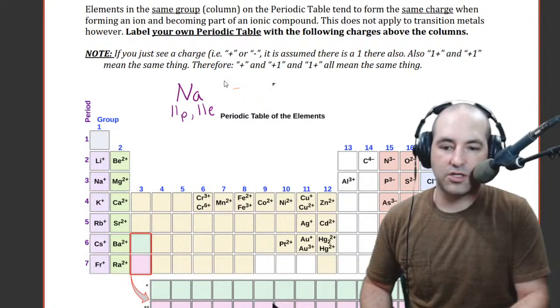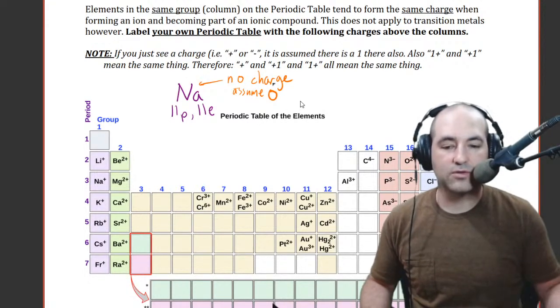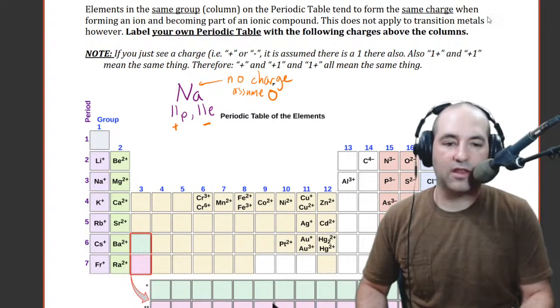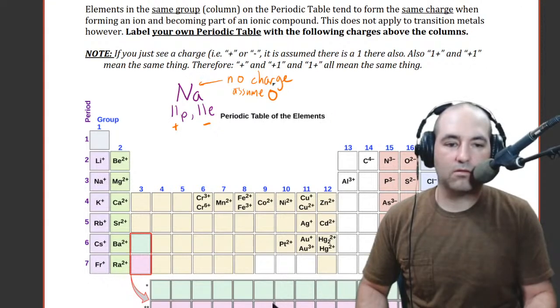And if there's no charge here, we can assume that number is 0. That's really what no charge means. And so the positive protons and the negative electrons balance each other out, and we have a neutral atom.